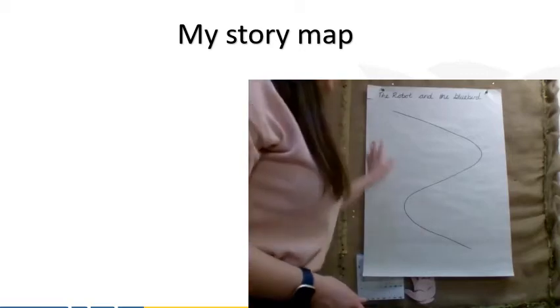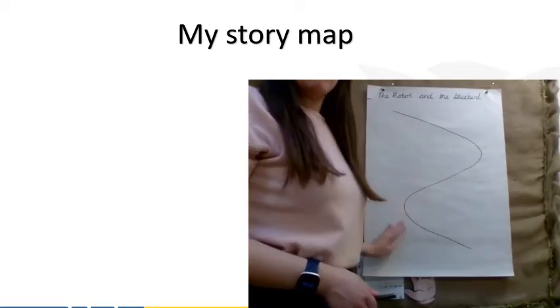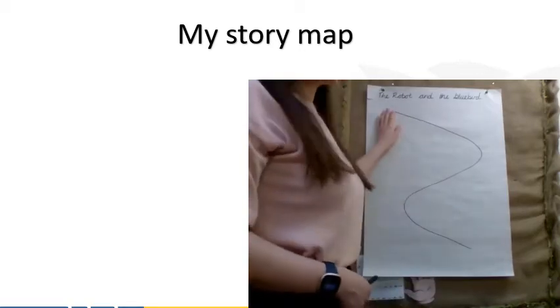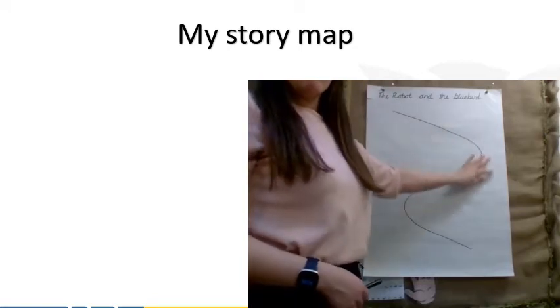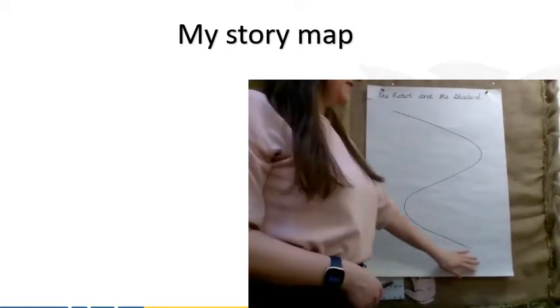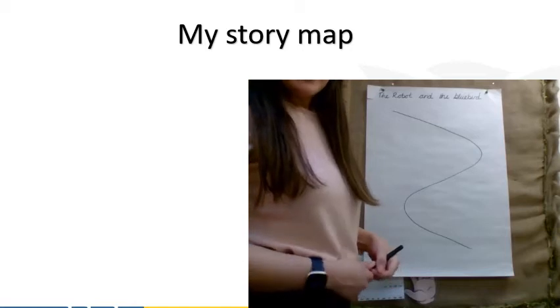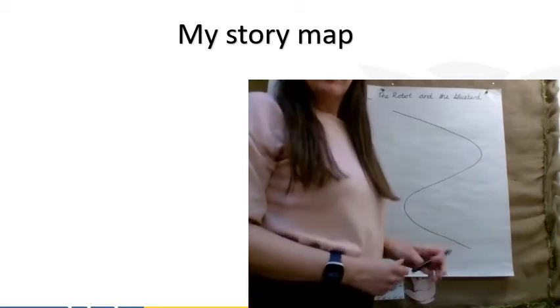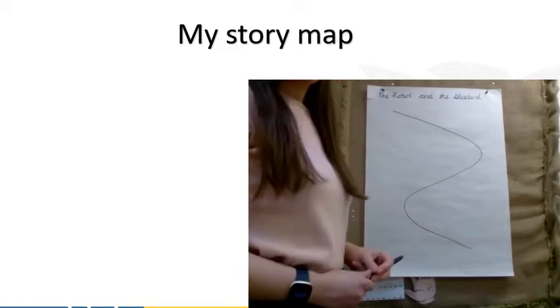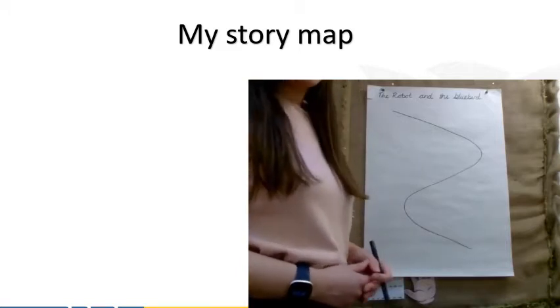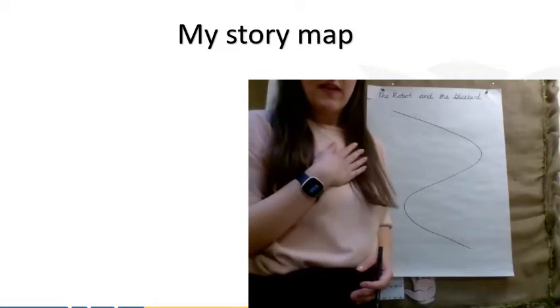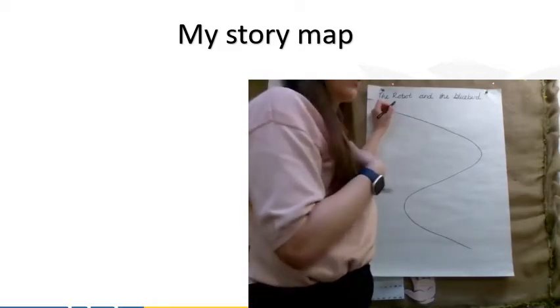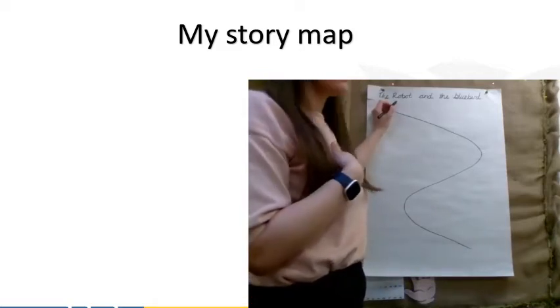Okay, so here is the beginning of my story map. We're going to start at the beginning and work our way through the story until we get to the end to create our story map. Okay, boys and girls, so at the beginning of the story, we know that there is a robot with a broken heart.